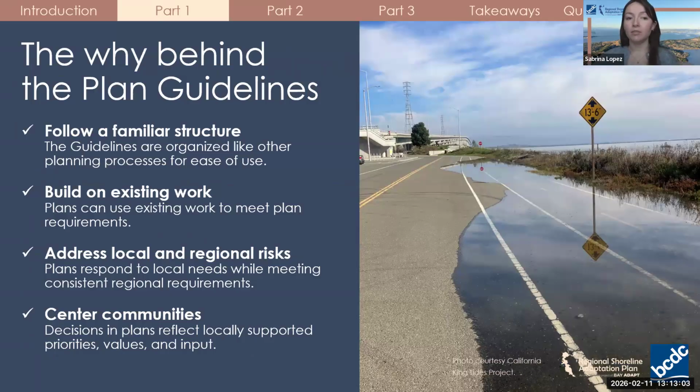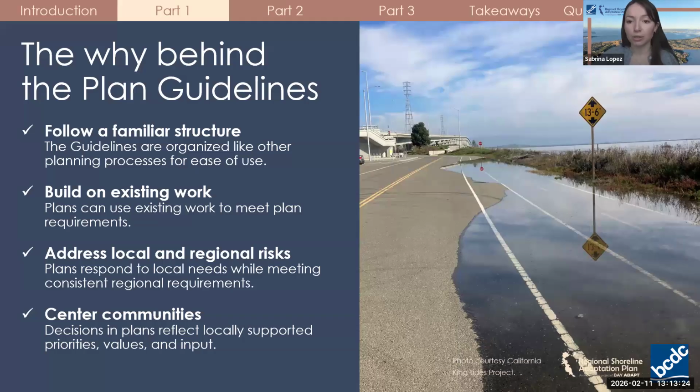Before diving into the individual plan elements, it's helpful to understand the reasoning behind how the guidelines are structured. So the guidelines follow a familiar planning framework for ease of use. They allow you to build on existing work so jurisdictions can incorporate studies and assessments that they've already completed.